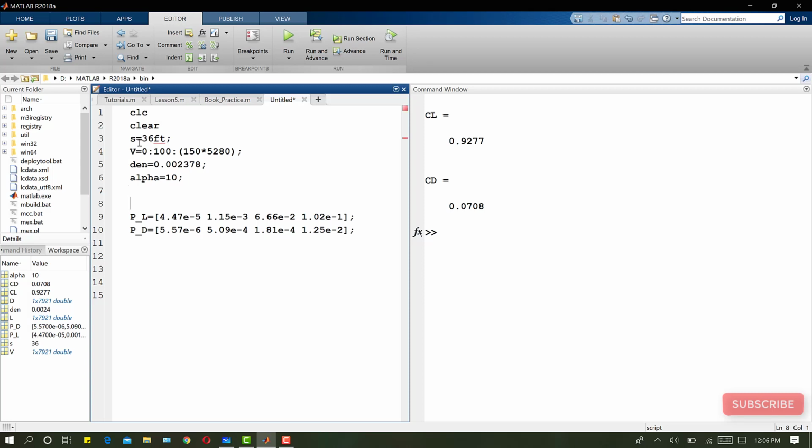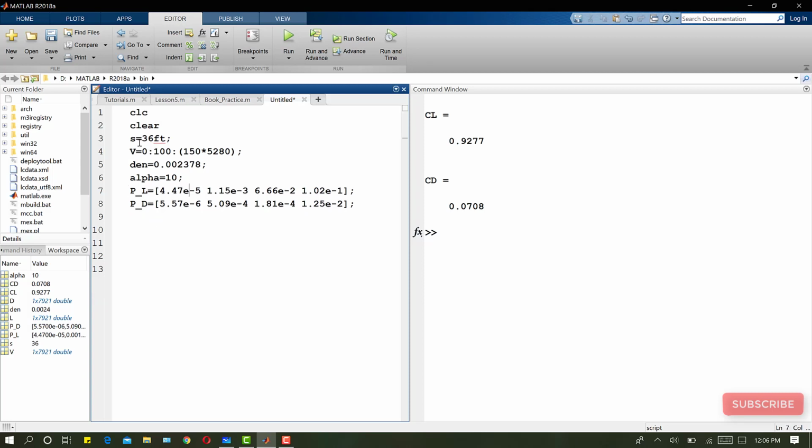And after that, I will find the CL and CD using these two polynomials. So I will write CL and then I will use the polyval function. The polyval function will find the value of CL at an angle of 10 degrees. So I will write the corresponding polynomial here, and then I will write at which value, at alpha.